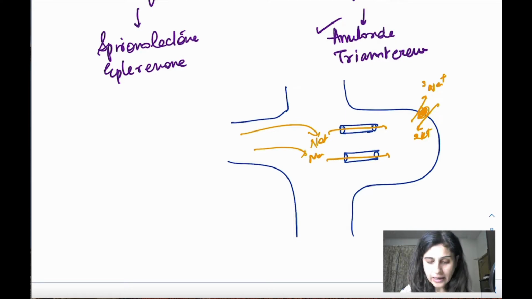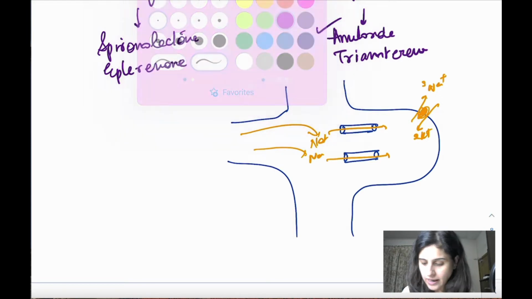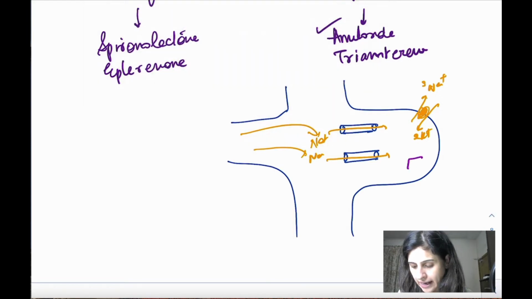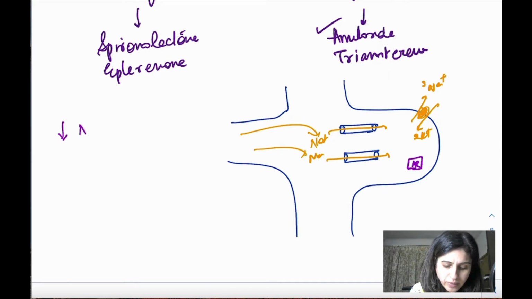So what happens here is that in this area we have an aldosterone receptor present. Now the aldosterone receptor is obviously meant for aldosterone to attach. And when will aldosterone attach? See, there is a condition in your body, for example, a decrease in the sodium levels in the body, and decreased sodium is delivered to the kidneys.